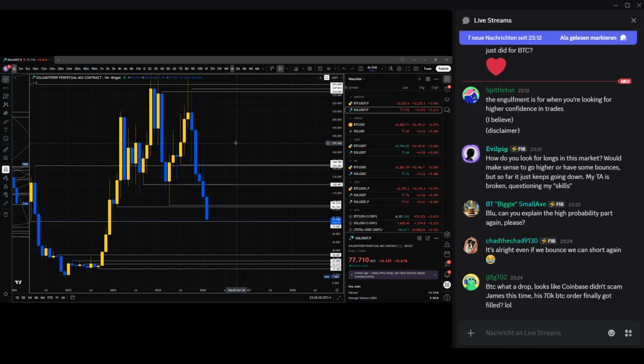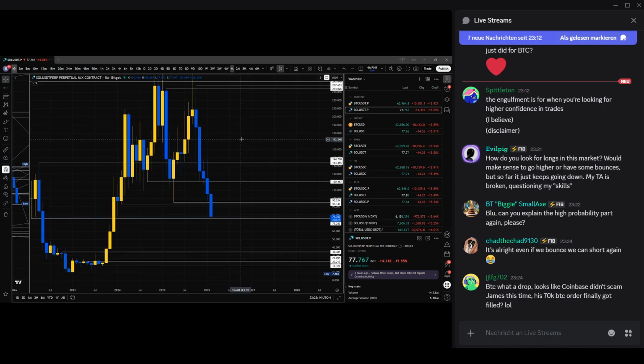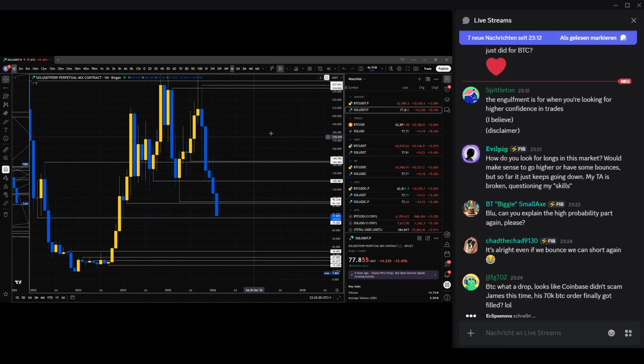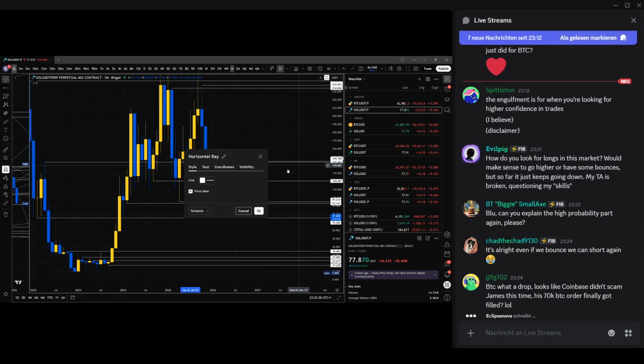So if you're especially worried and questioning your skills, then just step back, do nothing for a moment, and use that time to educate yourself. Open up a chart, draw it out from the beginning, from bottom up. Maybe start on the monthly, add some weekly levels, some dailies, some trend lines, and name the lines properly.